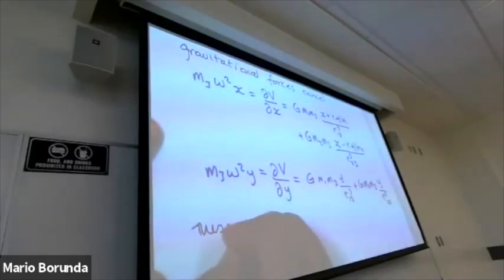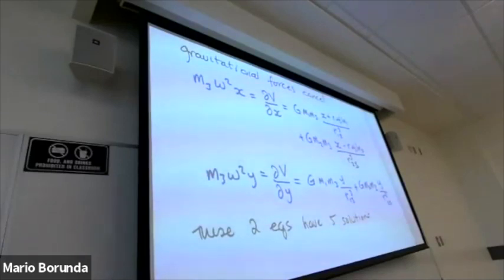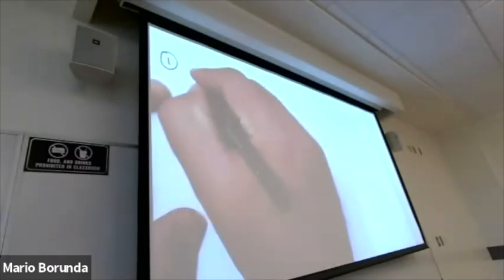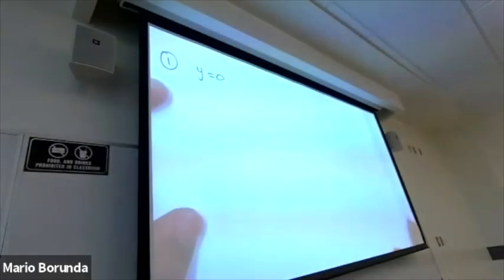So these two equations have five solutions. Let's look at the first one. y is equal to 0.